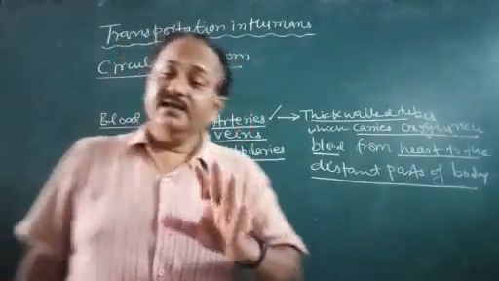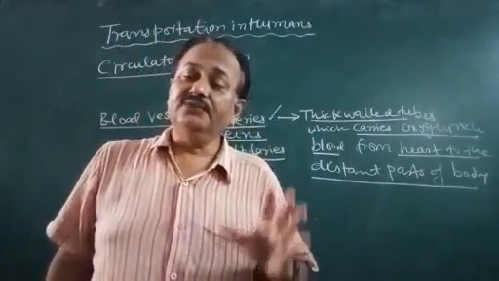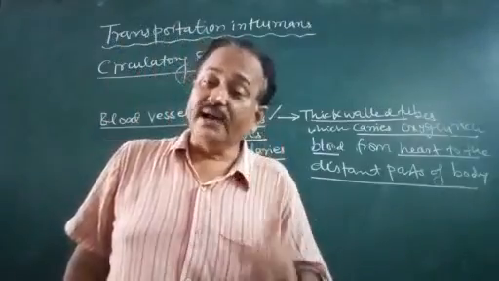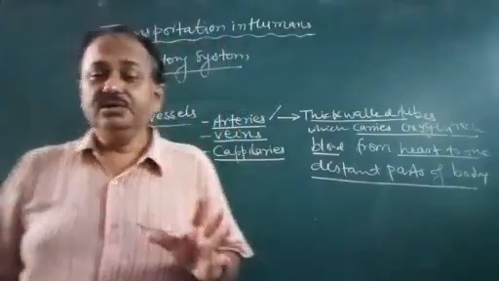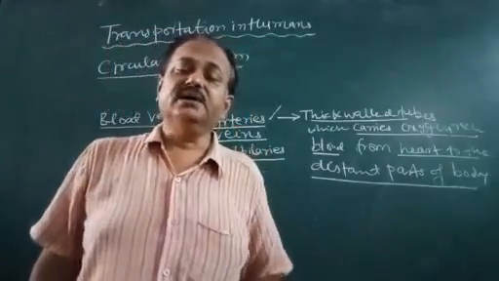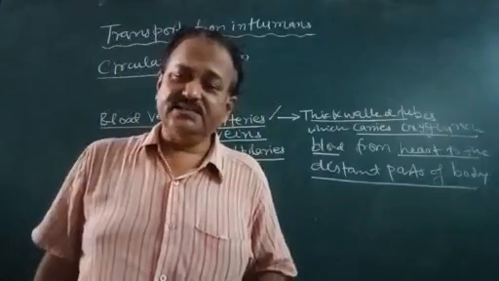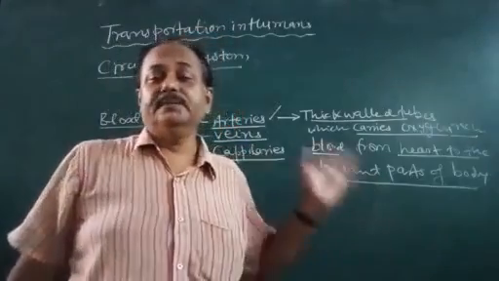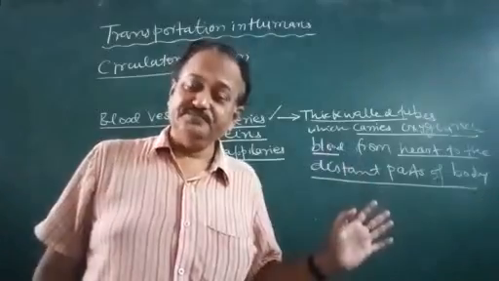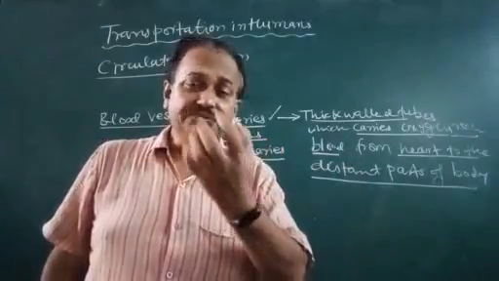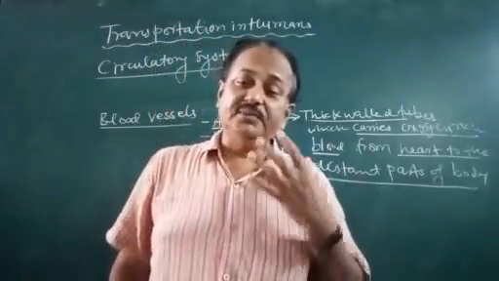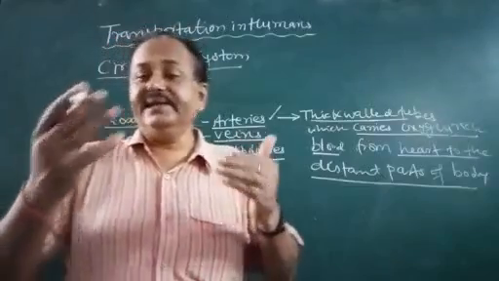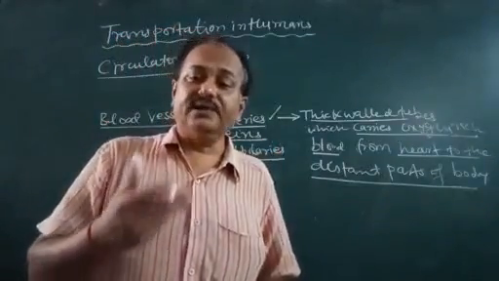So every part of a human requires oxygen-rich blood. In our body, the burning of food materials takes place with the help of oxygen, and we respire. We take air from our nostrils, and the air reaches our lungs.